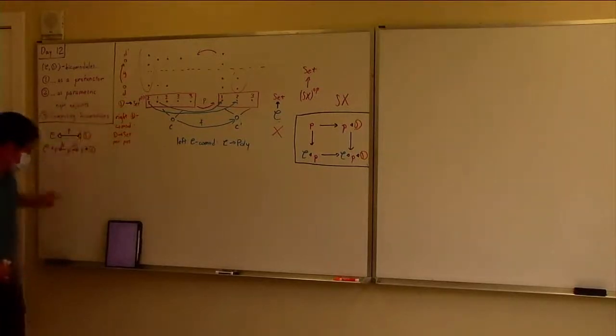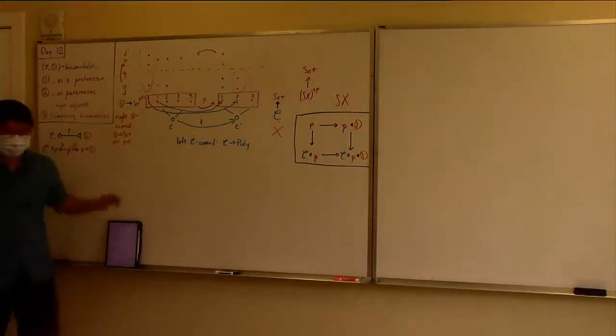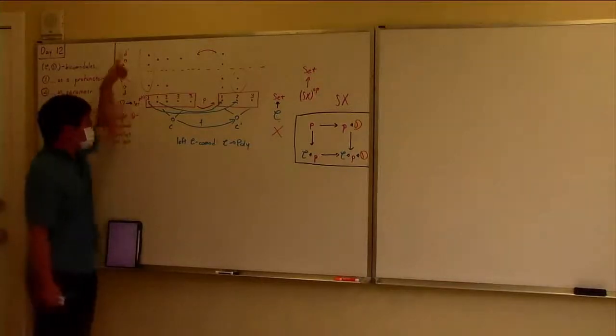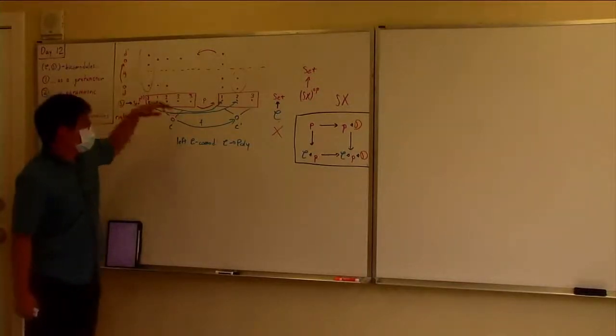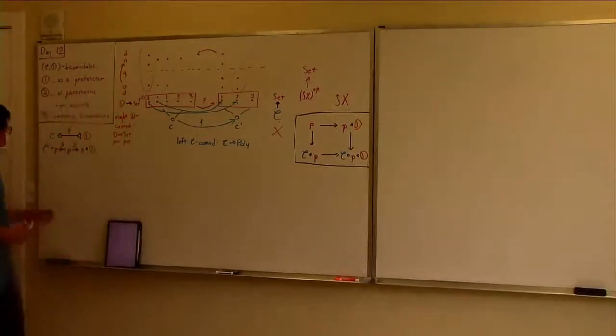So a right D comodule, we saw last time, is just a bunch of functors from D to set. It's going to be one functor from D to set for every position of our carrier polynomial P that carries the bimodule.